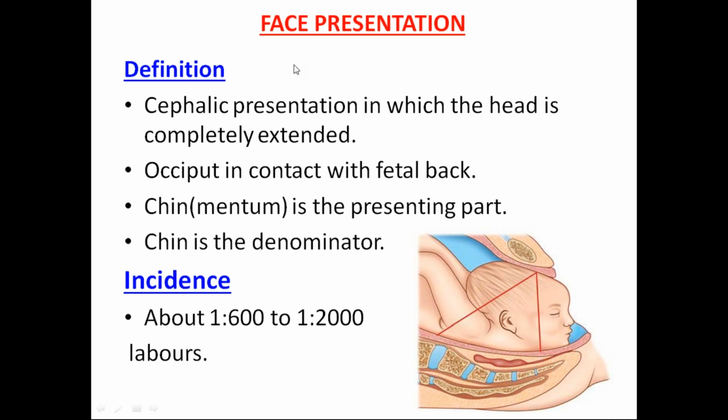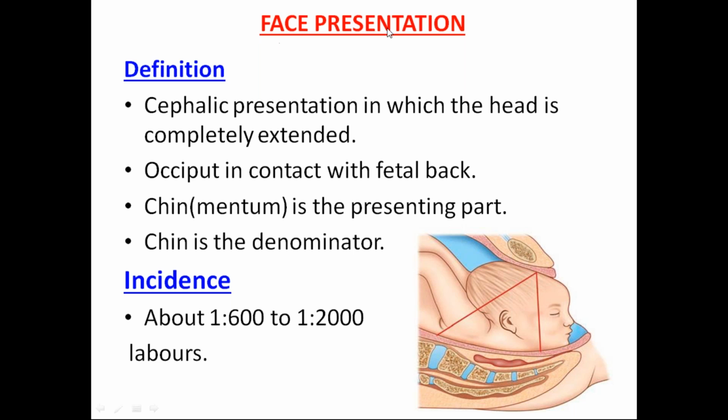Because 80% of them will deliver after turning normally. Only those 20% of the cases where they either go into deep transverse arrest or into a persistent posterior or occipitosacral. If you think there is delay in labor and the baby is forming the caput succedaneum, evidence of fetal distress, maternal distress, all those things, better to go for abdominal delivery.